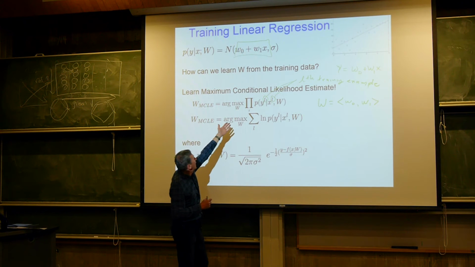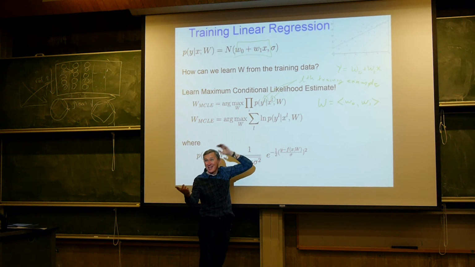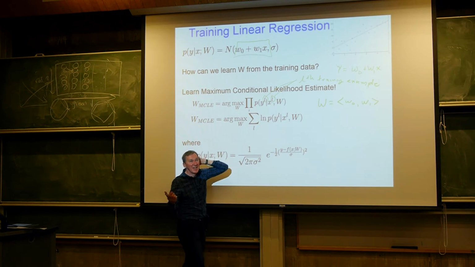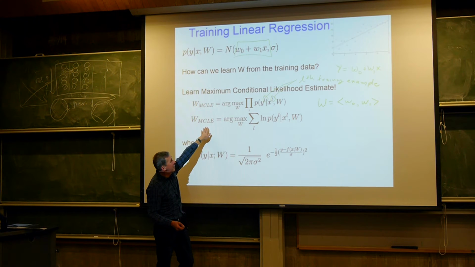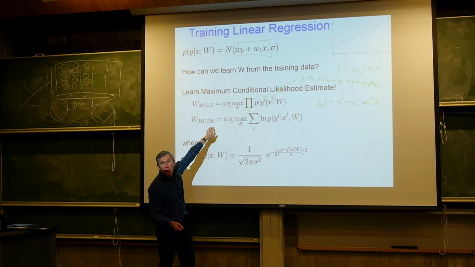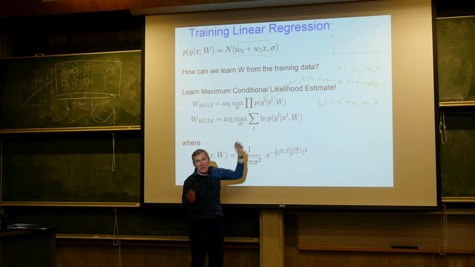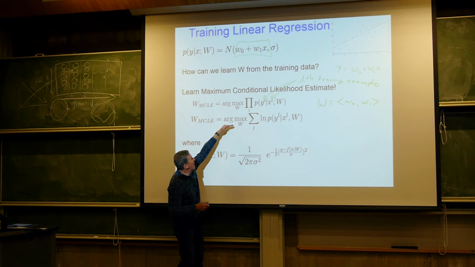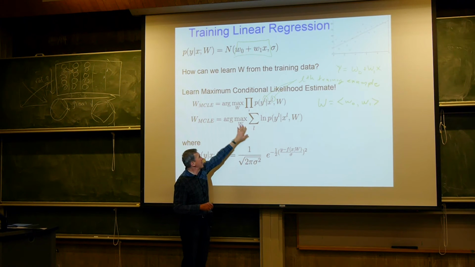So then I could just write down the conditional likelihood. This is the same expression we wrote when we did logistic regression. And just as in the case of logistic regression, it's a little easier to work the math if we, instead of maximizing that, maximize its log. Maximizing this quantity is identical to maximizing that, but the arithmetic is easier.